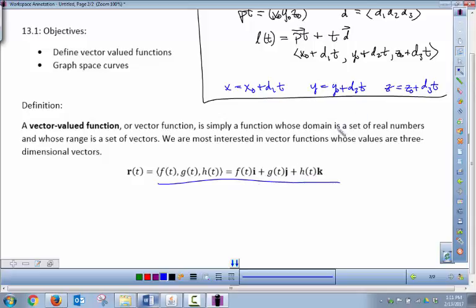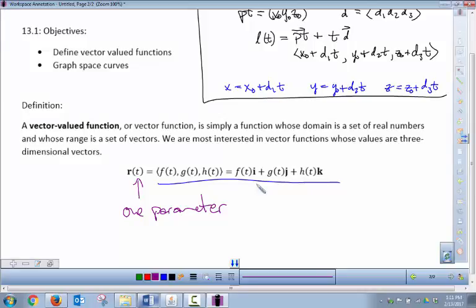Yeah, so this thing has one parameter t. That one parameter is going to dictate how many dimensions you're going to go into.